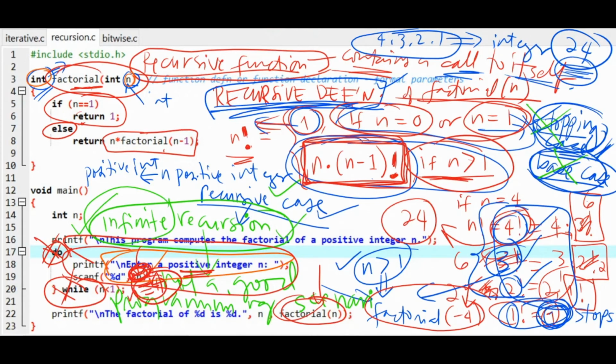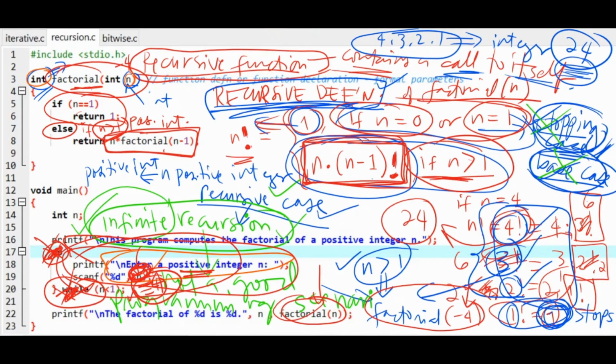So if that's the case, that this could be negative, then you need to put that if here, if n is greater than 1, so that this will only be computed for positive integers, because there is a possibility that n is not positive because you did not use a do-while loop. You did not make sure in the input that the input should be positive.